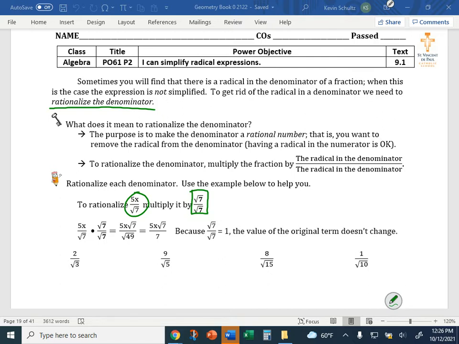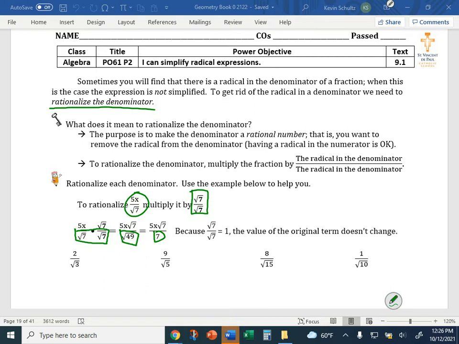Okay? 2 reasons why. Number 1, when you multiply by root 7 over root 7, what happens in the denominator? Root 7 times root 7 is the root of 49, which, what's the root of 49? A rational number, right? It equals 7. Okay?